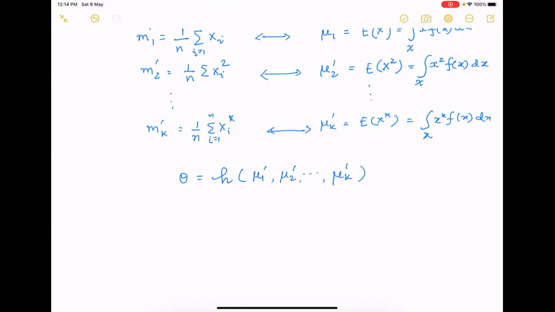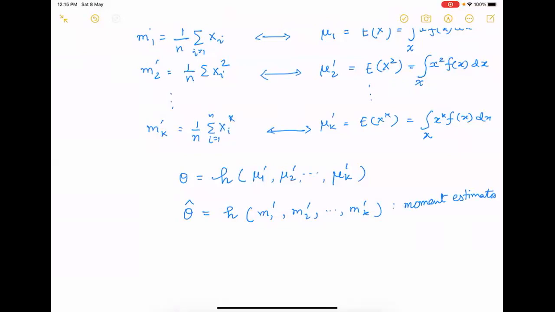Whatever your theta, you try to express it as a function of the moments of the distribution. And then your method of moments estimator theta hat is h of m1 dash, m2 dash, ..., mk dash. So theta hat is the moment estimator. This is pretty much the idea.